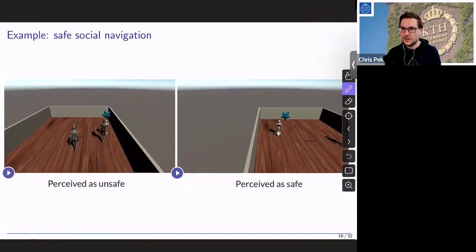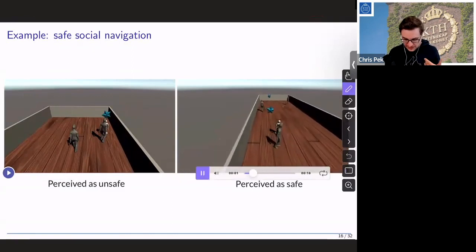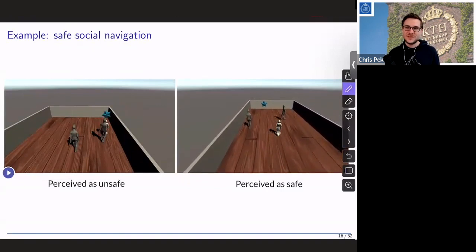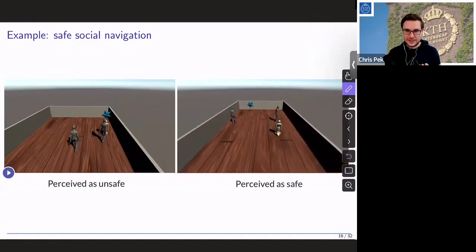You see here, it was very close. However, if we run multiple rounds of our framework and update the parameter until it converges, we get a policy where the robot is keeping more distance to humans, which you can see here. It waits until there's enough space to pass to go to the goal.